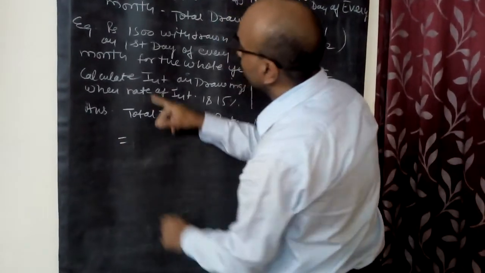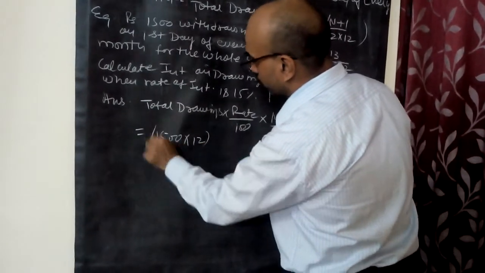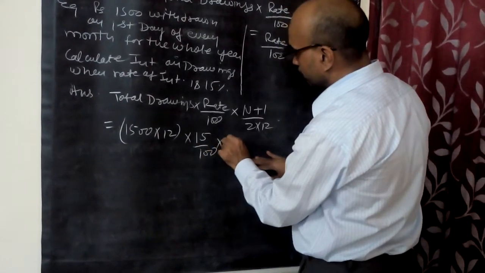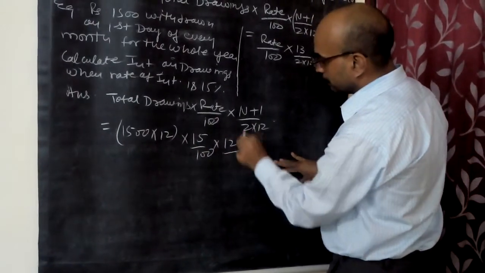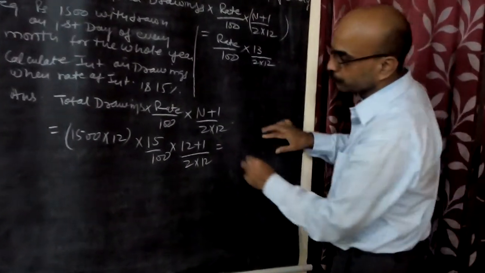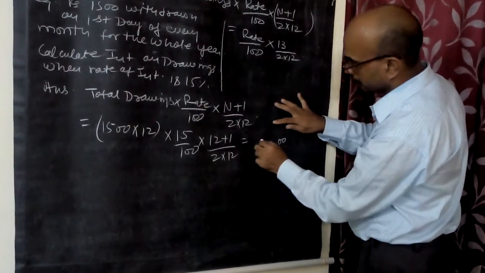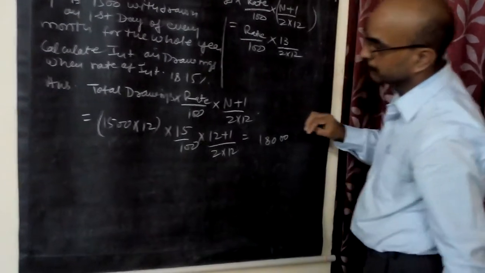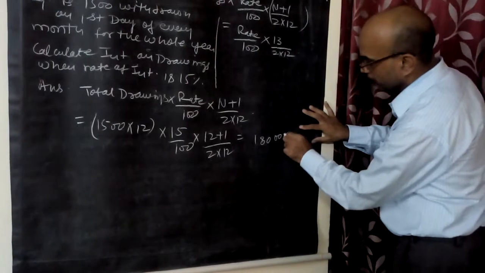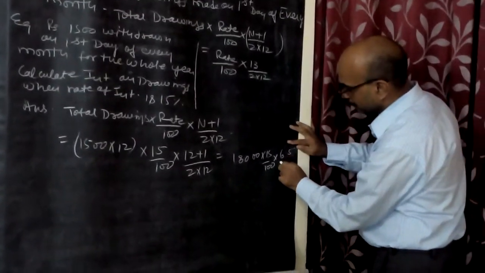So when we calculate the interest here, 1500 into 12, that becomes total drawings 18,000 into 15 upon 100 into 12 plus 1, that is 13 divided by 2 into 12, which comes to 6.5 divided by 12.